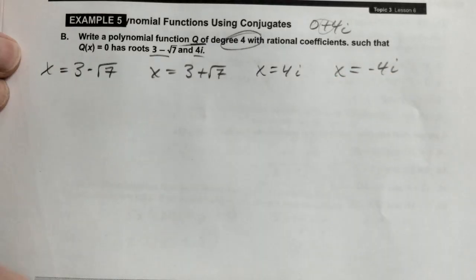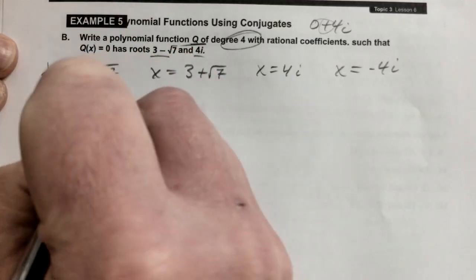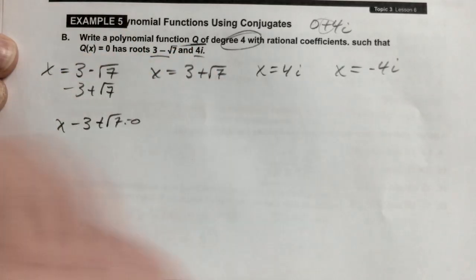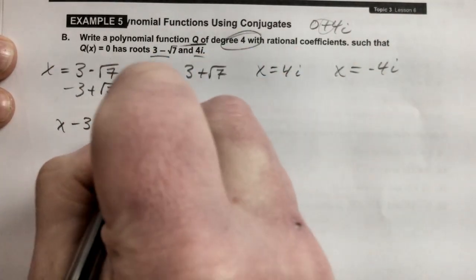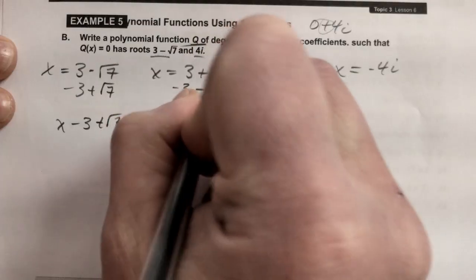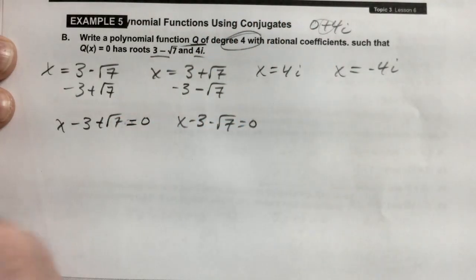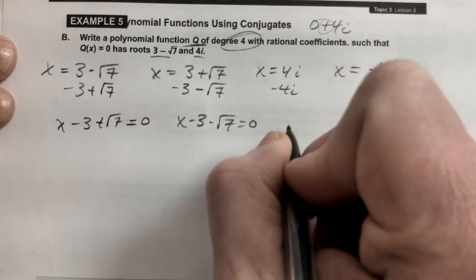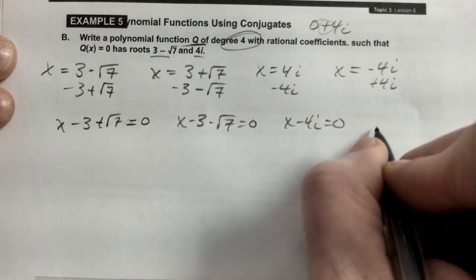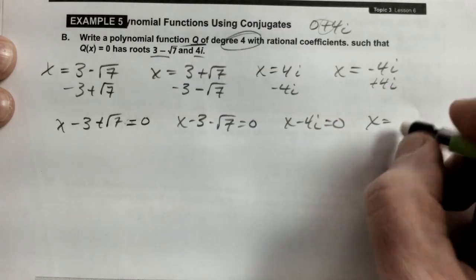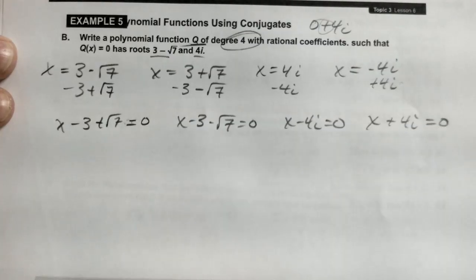All right, get this all set equal to 0. We're going to subtract 3 and add root 7, so x minus 3 plus root 7 equals 0. That's a terrible one. I could do better. Then here we're going to subtract 3 and subtract root 7, so we get x minus 3 minus root 7 equals 0. Over here we're going to subtract 4i, so x minus 4i equals 0, and here we would add 4i, so x plus 4i equals 0.